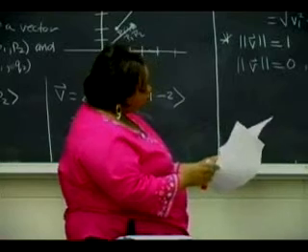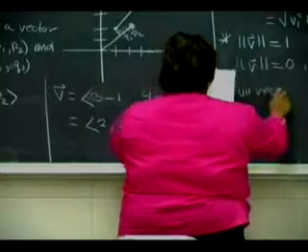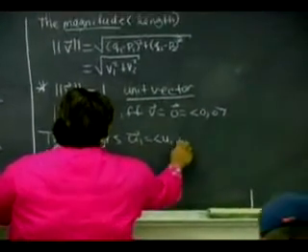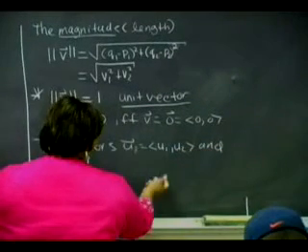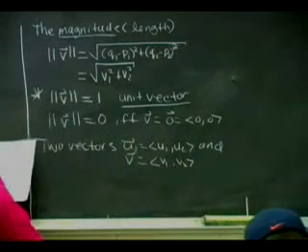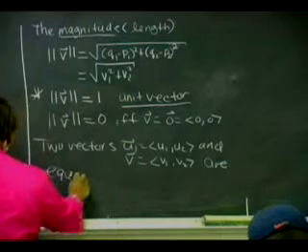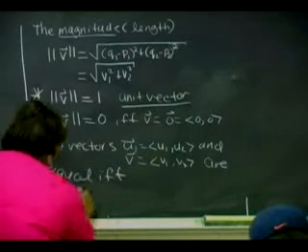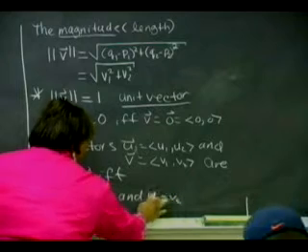Let's talk about equality for a minute. Two vectors, and here we're talking about component form, U, which is U1, U2, and V, which is V1, V2, are equal if, and only if, U1 equals V1 and U2 equals V2.